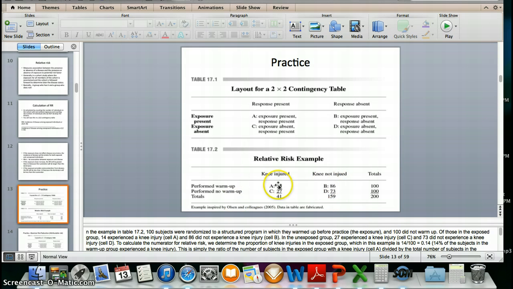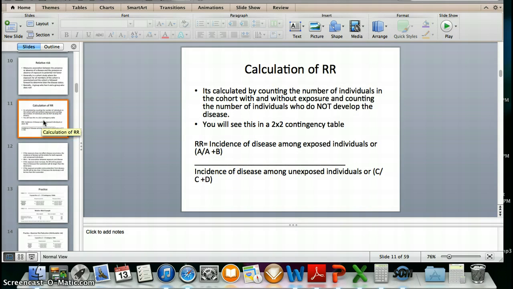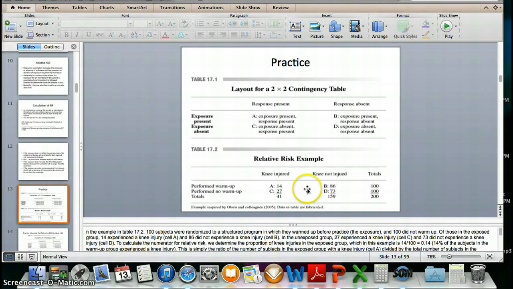That's A divided by A plus B. Over C divided by C plus D, which would be 27, that's C, divided by 27 plus 73.